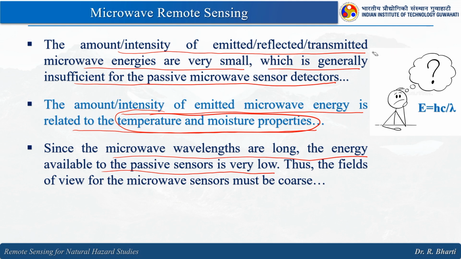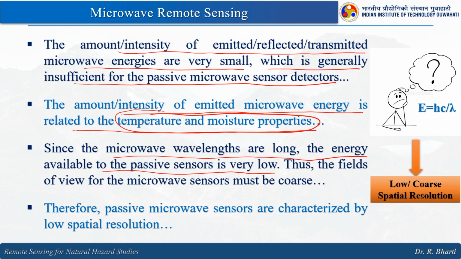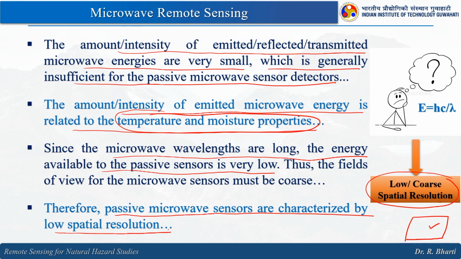So, what do we do at that time? We increase the spatial resolution, or we increase the size of the pixel. So, then you have a bigger pixel. That is why passive microwave sensors are characterized by low spatial resolution. I hope this is clear.